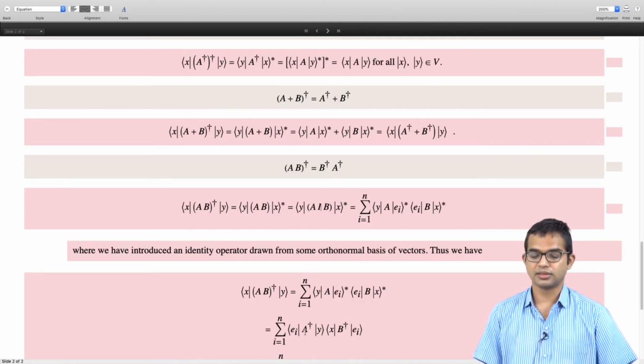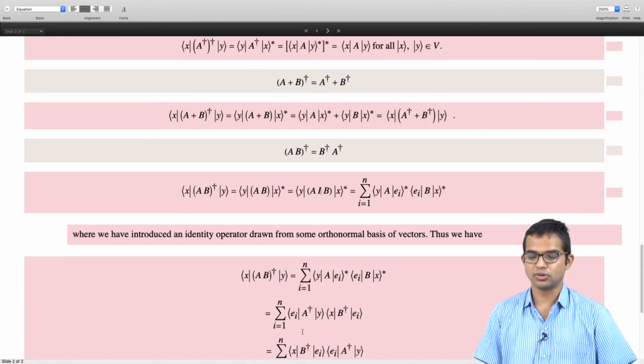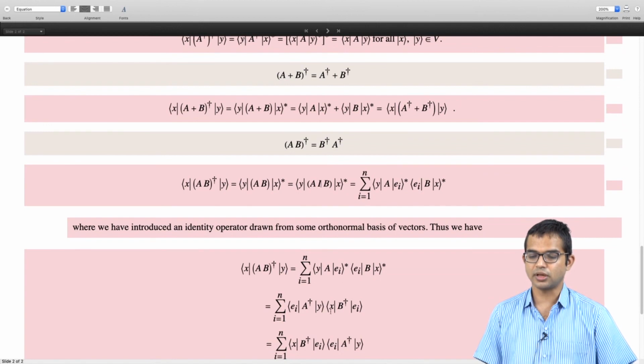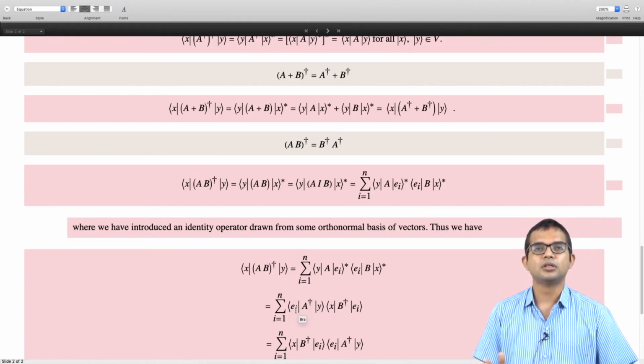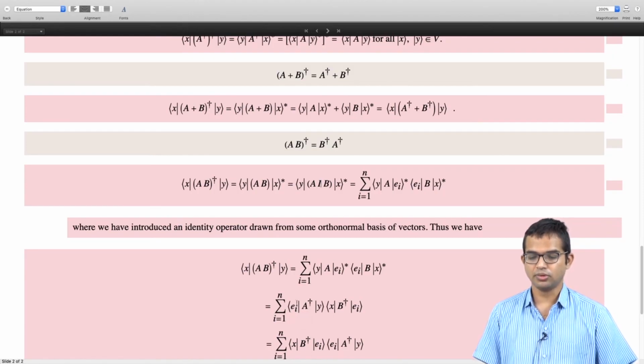Then the product of two complex numbers in one order is the same as the product of the same two complex numbers in the other order, which is more suggestive, so I will just have these two complex numbers exchange places. There seems to be a lot of activity here with lots of operators, but really it's just the sum of the product of complex numbers, and I'm free to change the order because it's just multiplication of complex numbers.